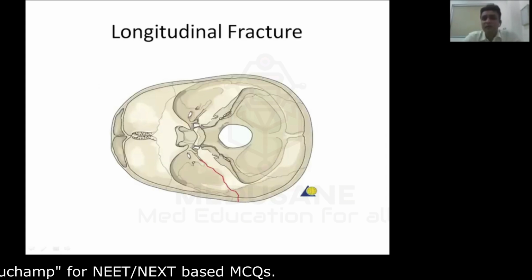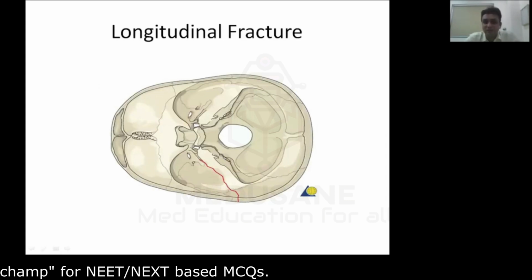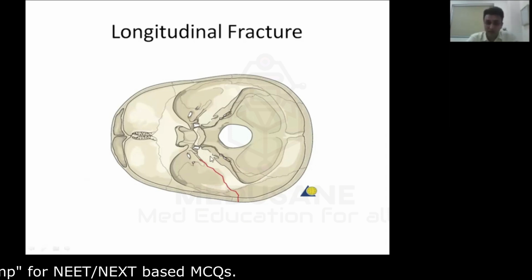Now, the facial nerve can be damaged by fractures. Which fractures? When there is a head injury, there could be a fracture of the temporal bone. If the fracture is parallel to the long axis of the petrous part of the temporal bone, it is called a longitudinal fracture.